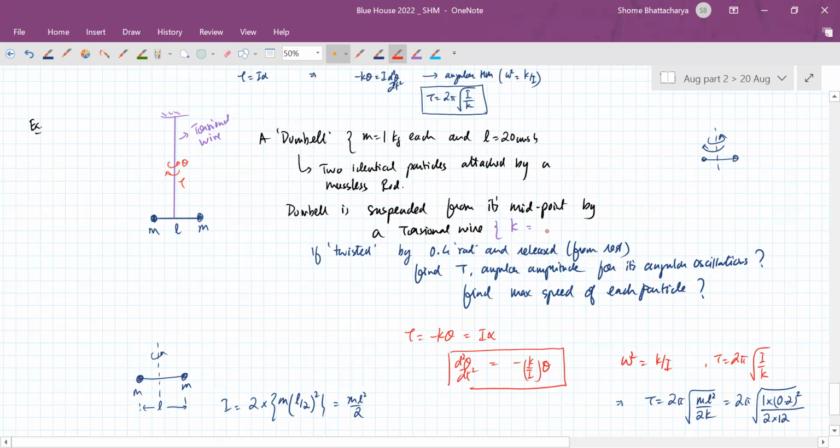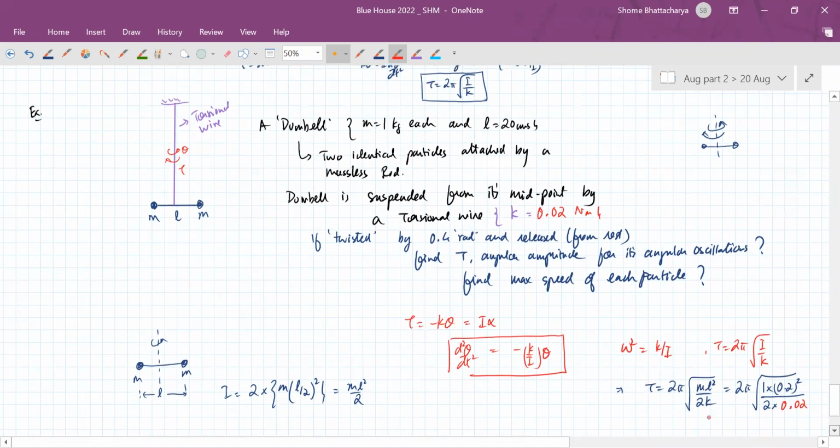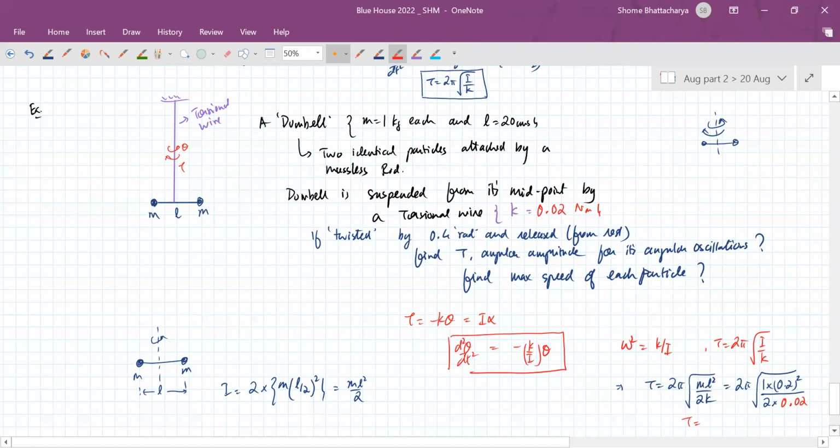So I will just make it 0.02 Newton meter. Because the size is also small, not 20 centimeters. So we don't want that much of torque. Then it will rotate very rapidly. You'll see the time period is just becoming 2 pi with this, I think, seconds. So now it's a very slow rotation.